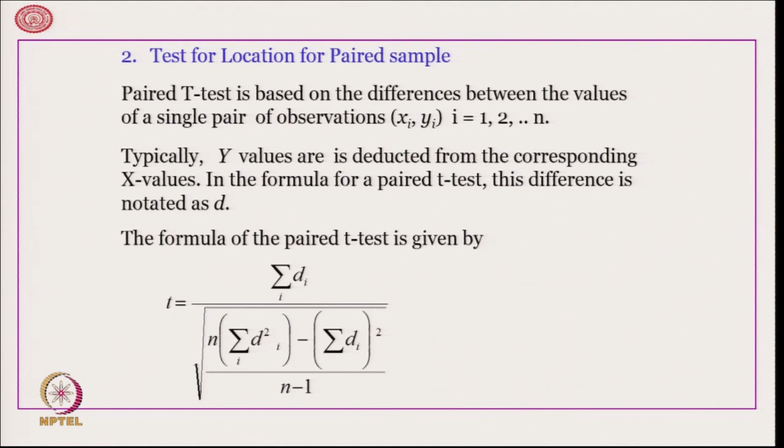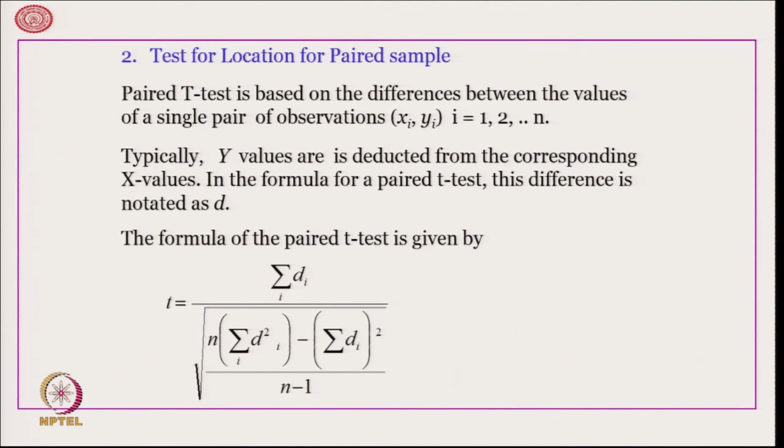We shall discuss the paired test in detail later, but basically on the same sample we take two observations x I and y I, and the statistic is computed on the basis of their difference, which typically we denote by d I.